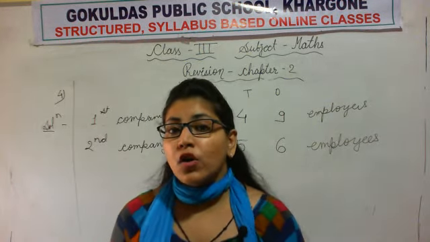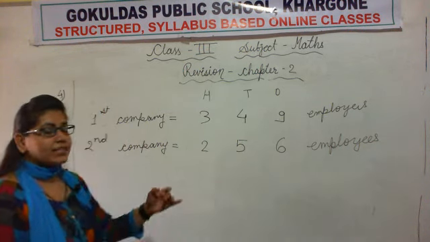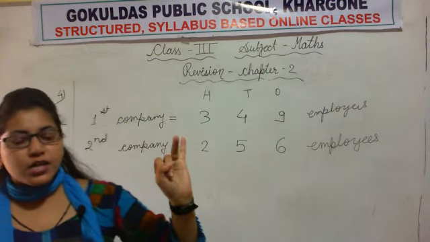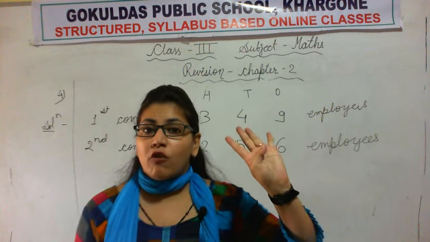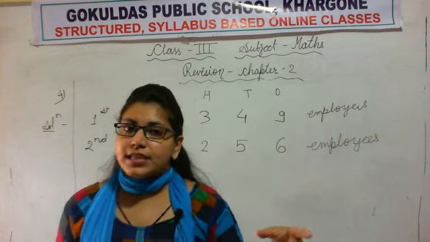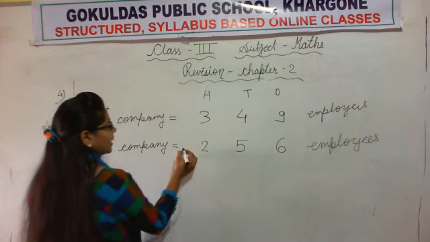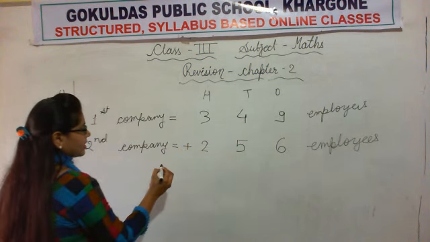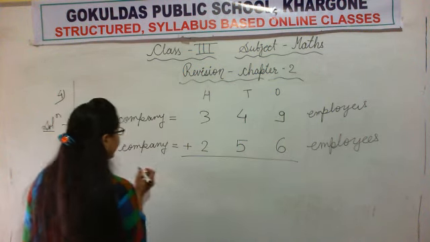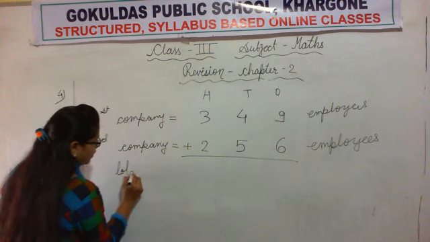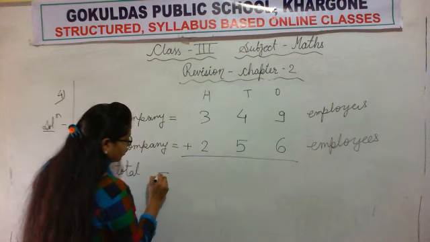See, the word total is there. So whenever we see altogether, sum or total, what will we do? We will do addition. So for doing addition, we will put the plus sign. Now what are we finding? We are finding the total. So let us write total also.